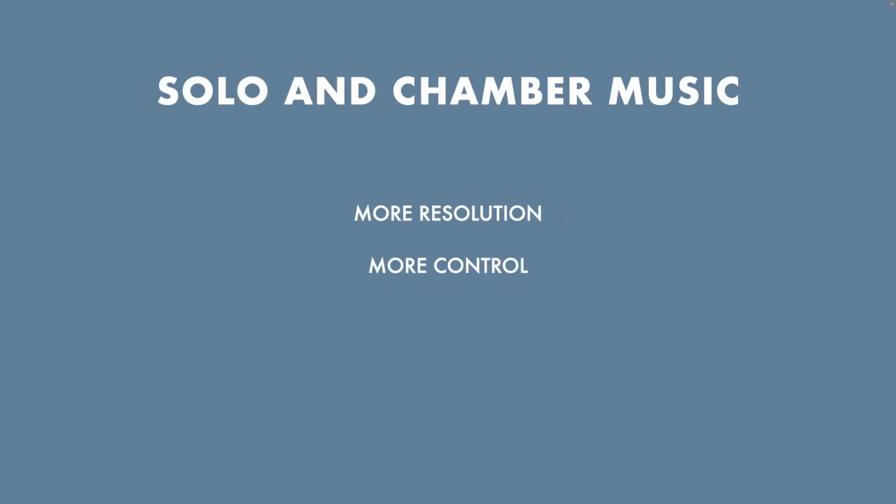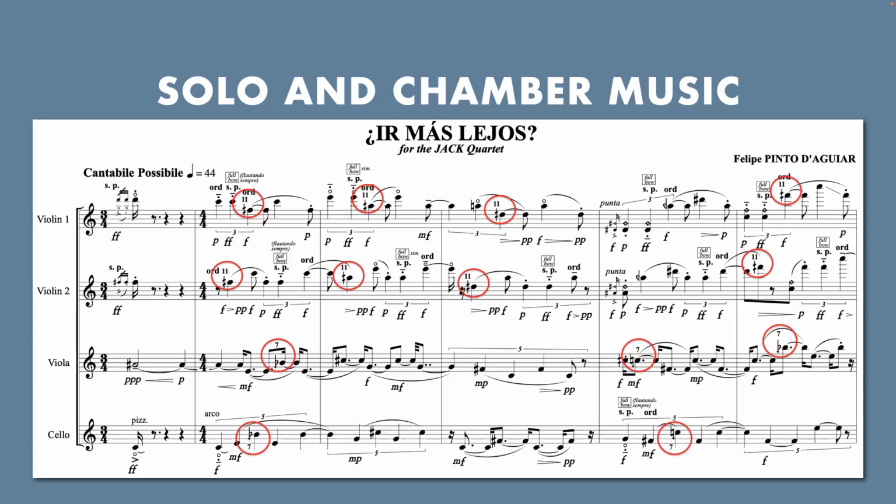In solo or chamber music, I would use more indications because it is easier to have more resolution, if you want, and also to have more control. You can see in the following example that I add a number over the accidental to show which partial the musician should tune to.